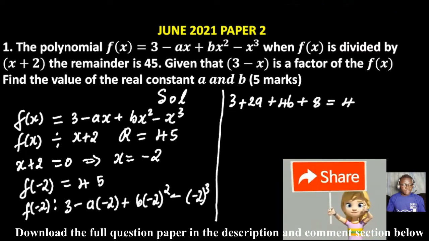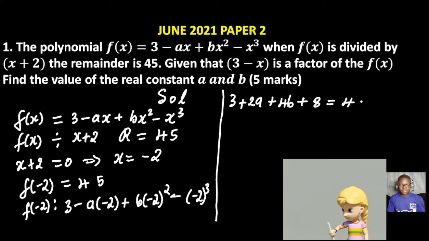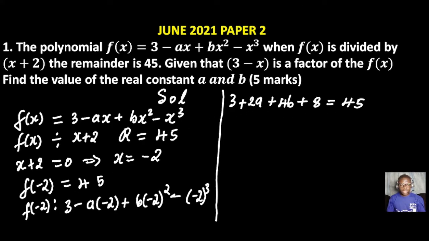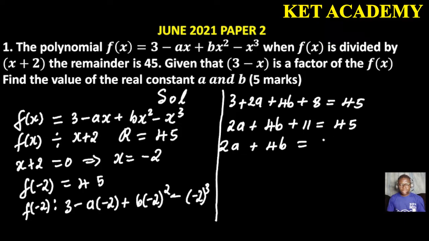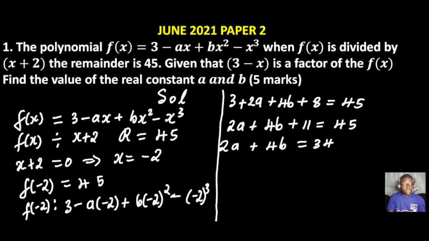Remember, f of minus 2 is 45. So if we simplify, we have 2a plus 4b plus 11 equal to 45. Therefore, 2a plus 4b is equal to 34.